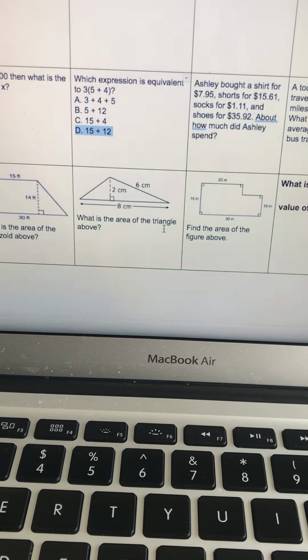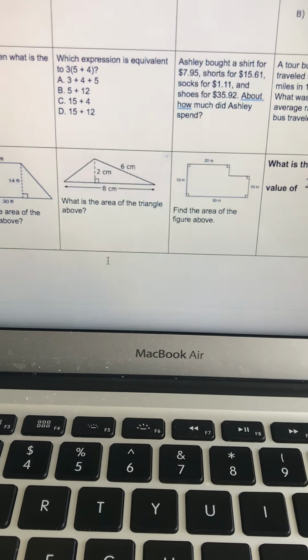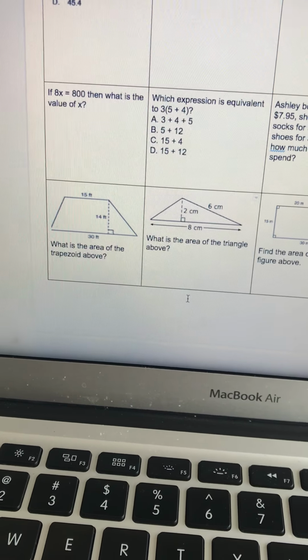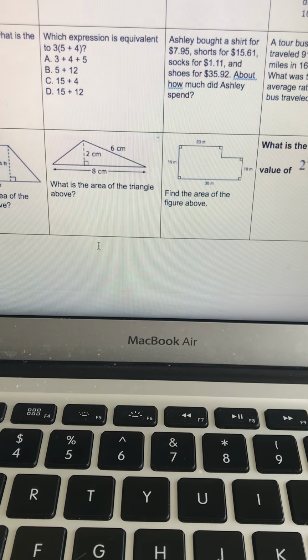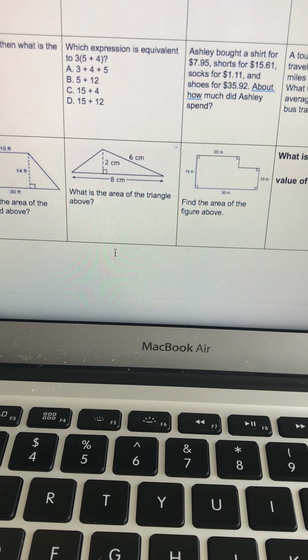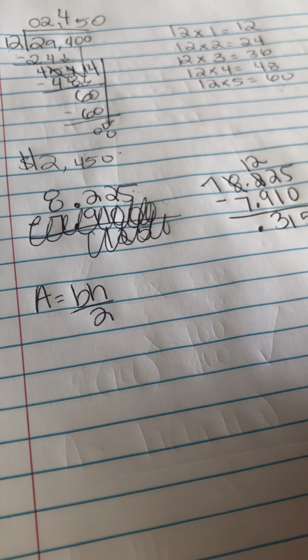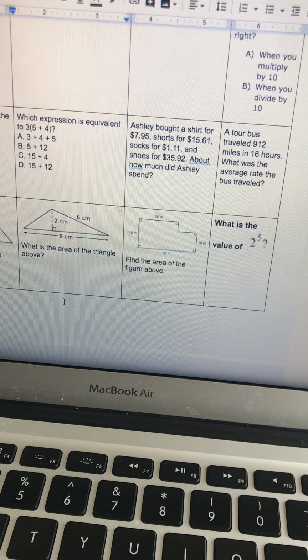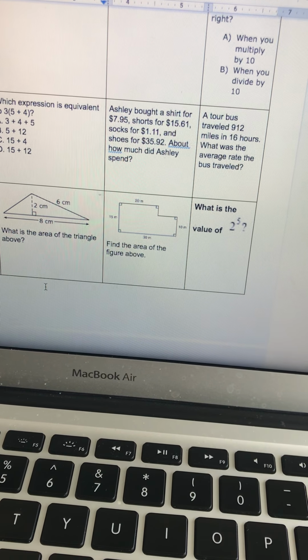Let's see, moving on to the last one on Tuesday's column, area of a triangle. Okay, so we did area of a trapezoid on Monday. Now we're doing area of a triangle. Here's what we're going to have to do. We're going to have to know our formula again. Area equals base times height divided by 2 for area of a triangle. So our height here, remember it has to make a right angle. So our height is 2.